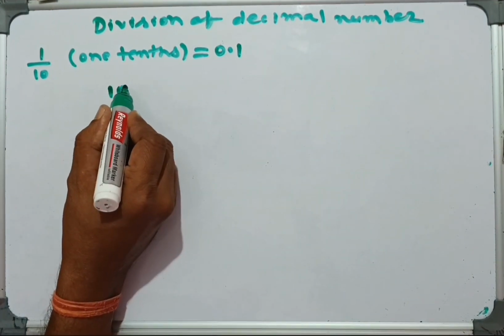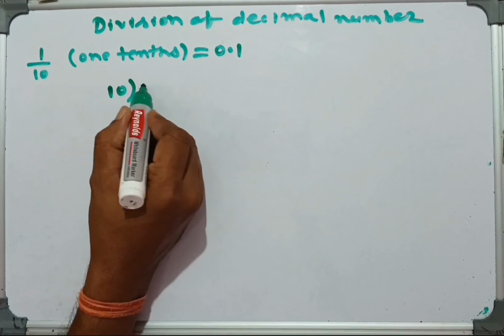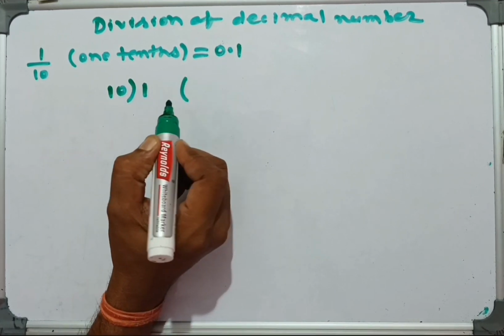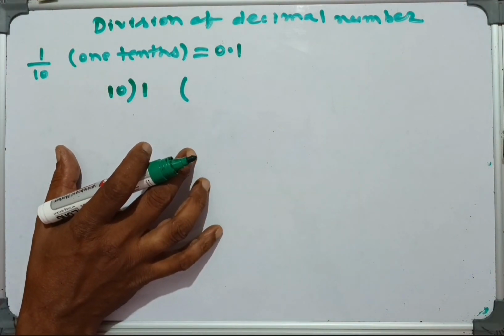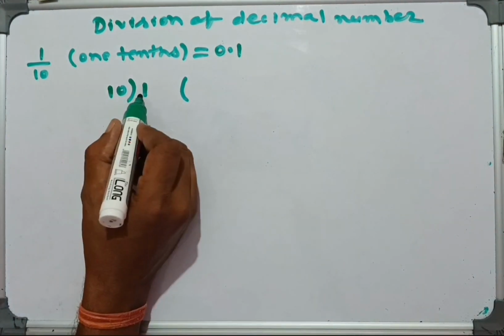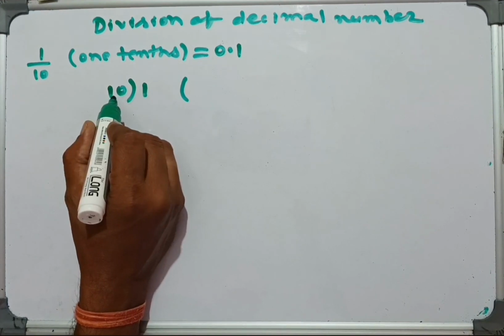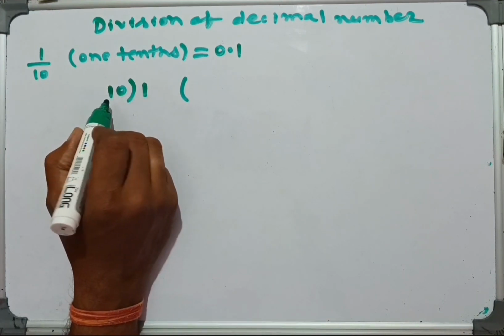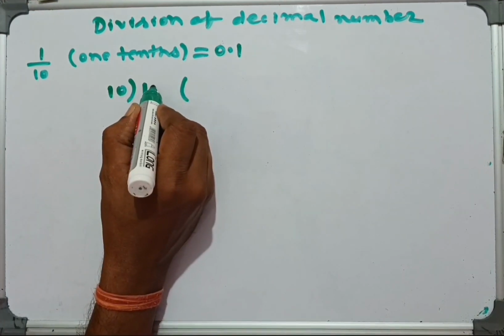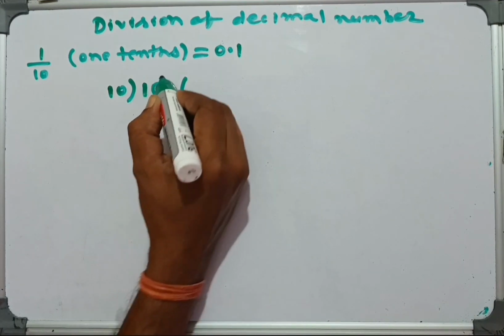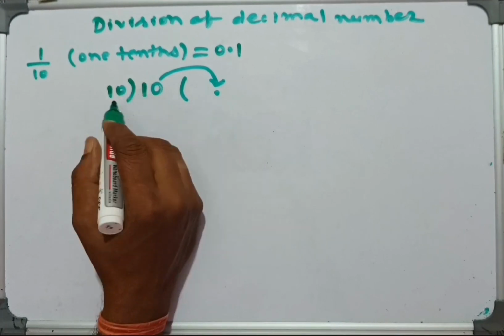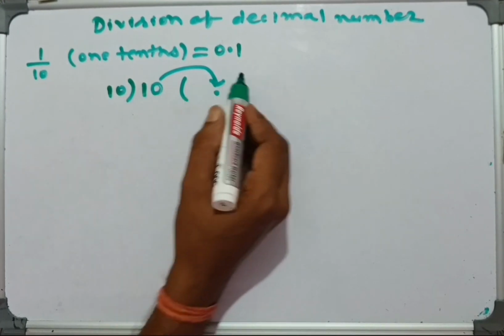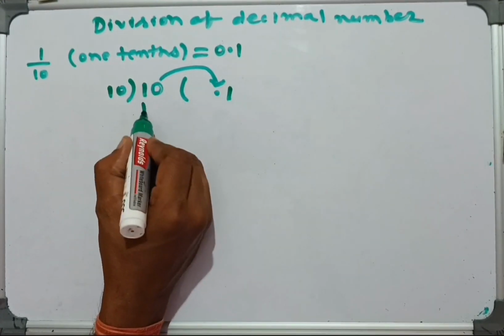See, this is 10 and this one is 1 here. I know you know the division rule. Okay guys, so see, 1 is less than 10 here. So what we will do here is put a 0 here. After 0 we will put a dot here. Next, 10, 1 times 10, so we write here 10.